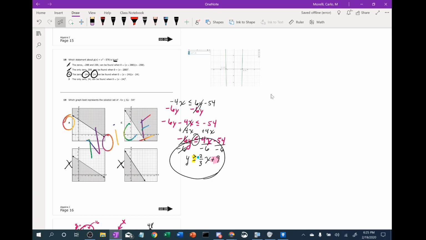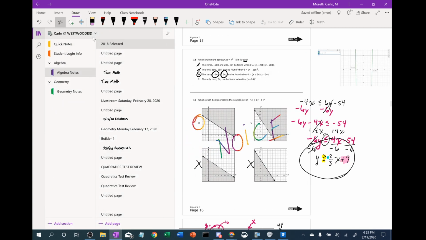If you want me to do number 50 from the 2019 test, I'm happy to do anything, but somebody's got to give me in chat or on Discord a specific question with a specific test year, and I'd be happy to work it. Number 11 on 2019. Okay, thank you, none of your business. I like that username.